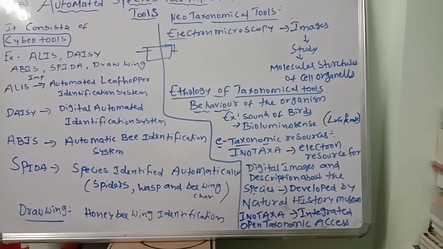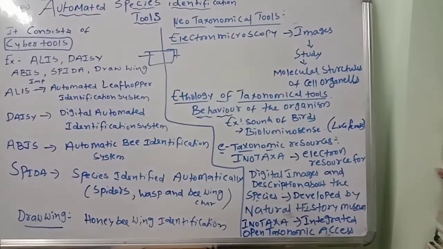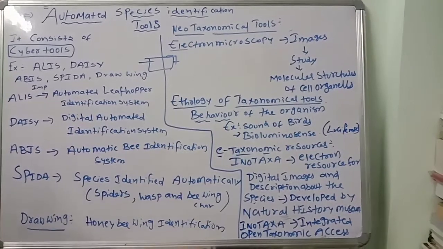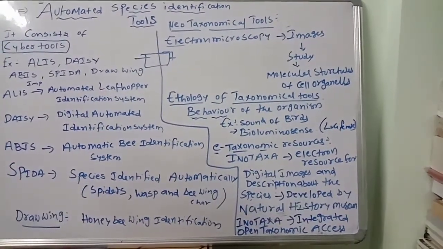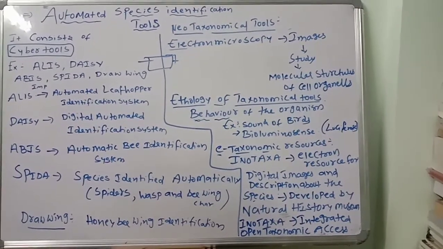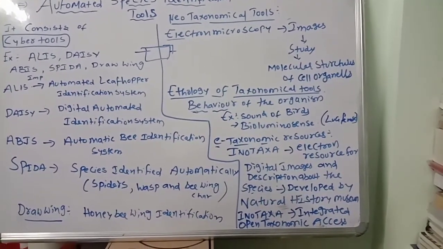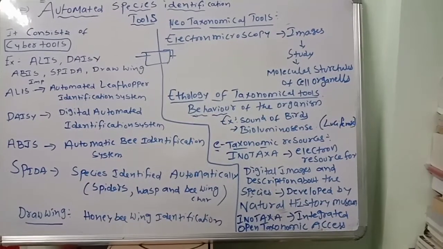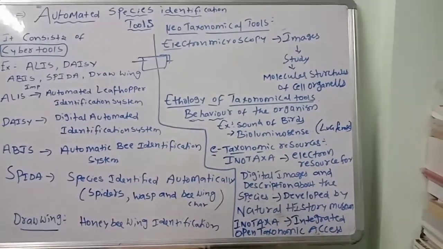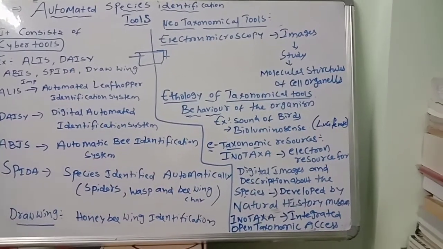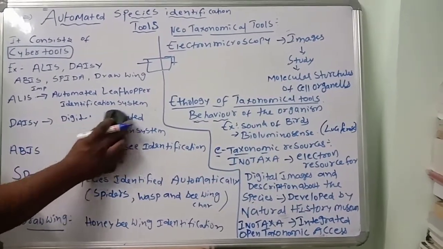What are neo-taxonomical tools? What are ethology of taxonomical tools? What is Inotaxa? Electronic resource for digital images. So we want digital images. Now we are seeing digital images in the textbooks because of e-taxonomic resources. So what is the full name of Inotaxa? Integrated Open Taxonomic Access.